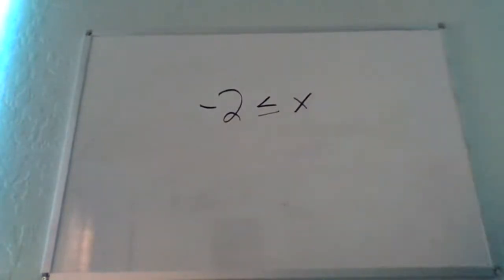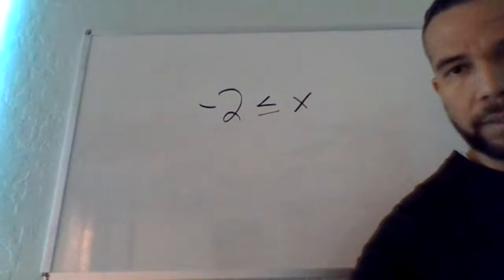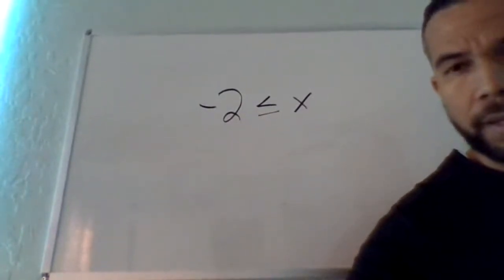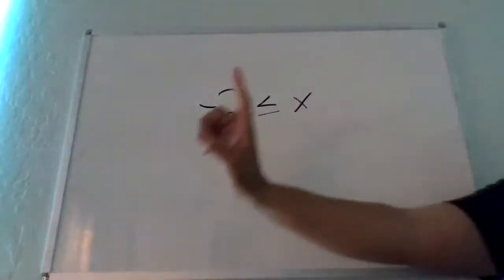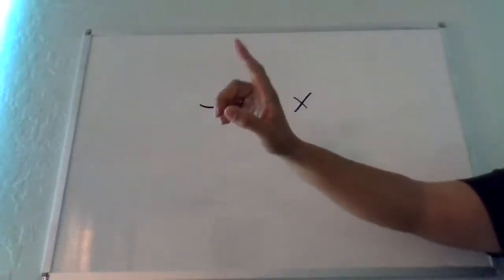Now what? Yes, because x is greater than or equal to negative 2. What else? Because we expressed the first problem. Negative 2 is less than or equal to x.